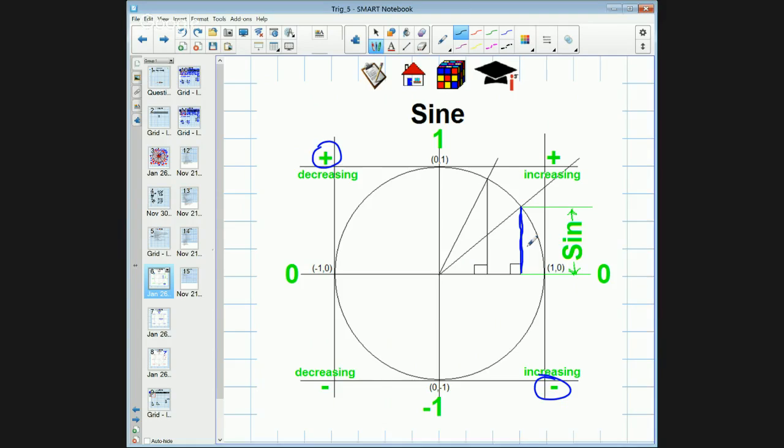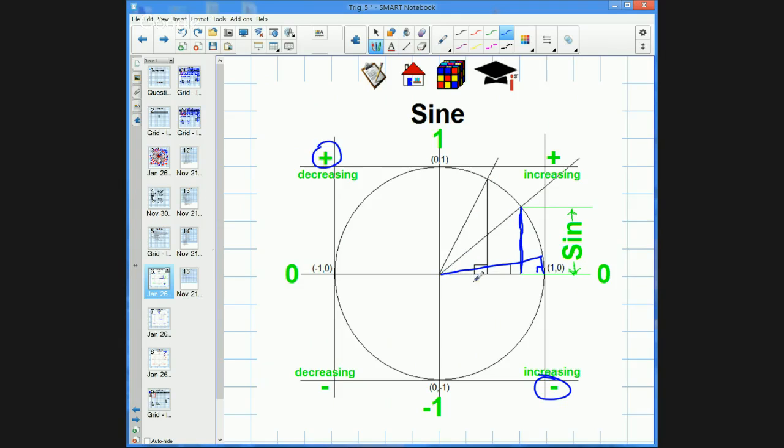What I have highlighted in bright blue here, that's the leg we want to keep our eye on. So as this triangle starts off in a real low position, like let's say approximately like that, this vertical leg is really tiny. And as we start moving and making the angle bigger, the leg continues to get bigger.